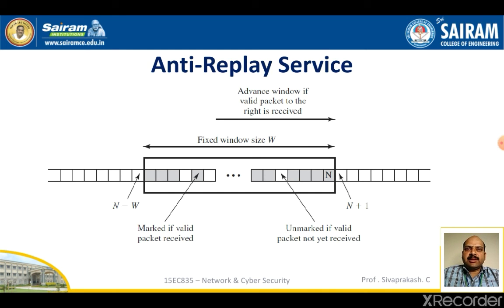If the packet is authenticated, the window is advanced so that this sequence number is the right edge of the window, and the corresponding slot in the window is marked. If the received packet is to the left of the window or if authentication fails, the packet is discarded. This is an auditable event.